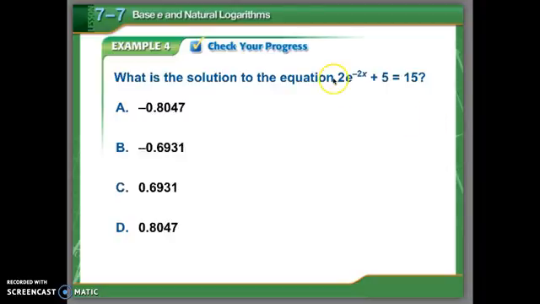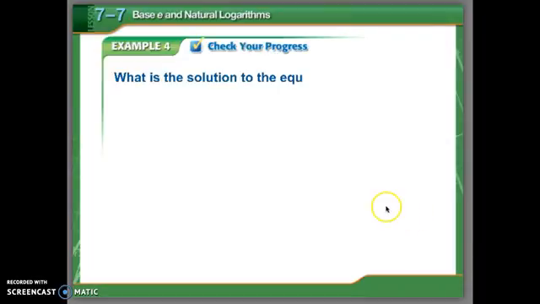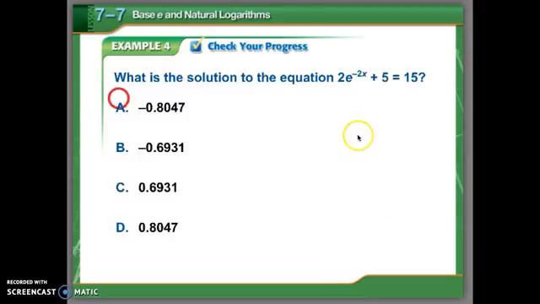Here's another problem. 2e to the negative 2x plus 5 equals 15. Our answer for this one is choice A. Your process for this, again, you're going to subtract 5 from each side. Then you're going to divide by 2.